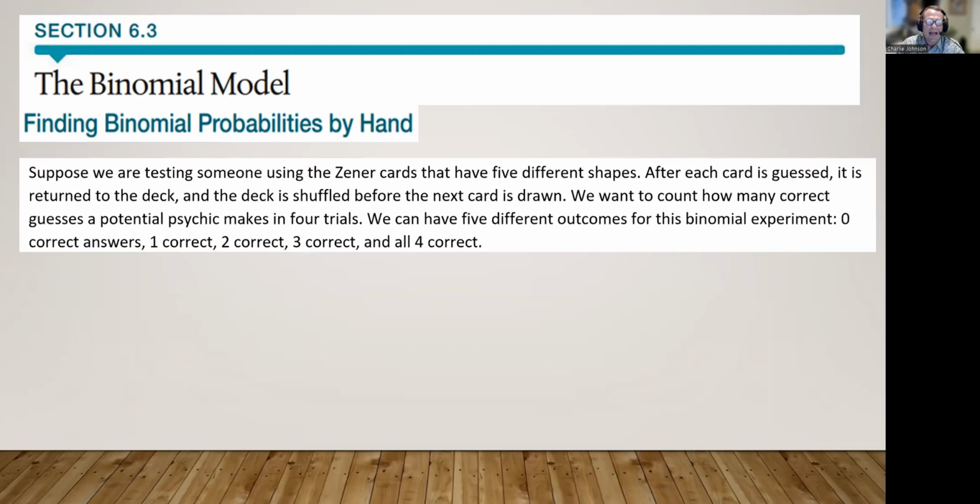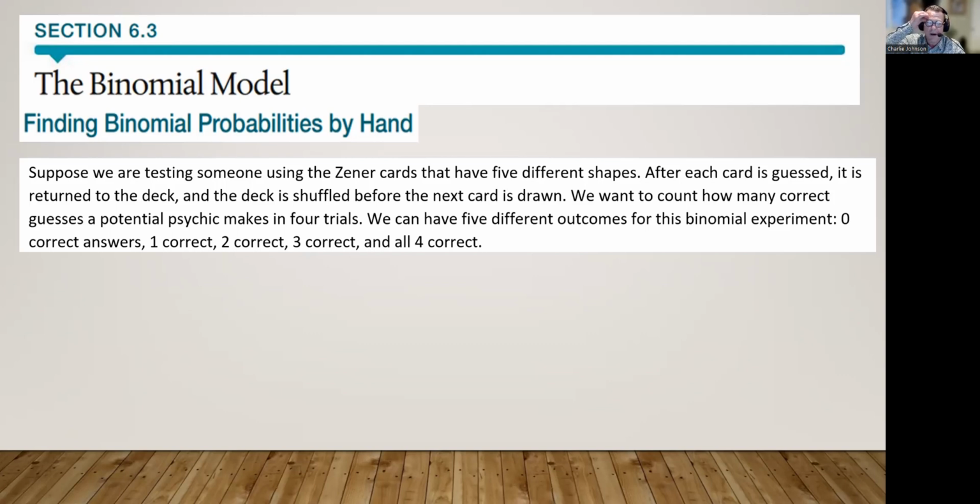So we're going to be looking at the Zener cards. Suppose we're testing someone using the Zener cards that have 5 different shapes. So you've got this set of Zener cards, and there's 5 different shapes that could appear. After each card is guessed, it's then returned to the deck, and the deck is shuffled before the next card is drawn.